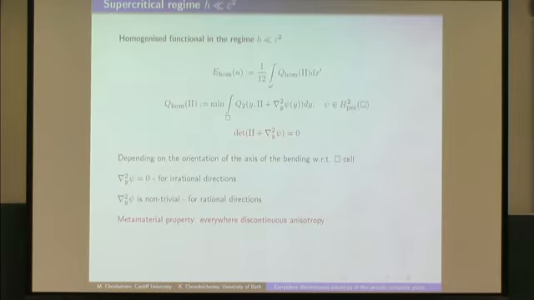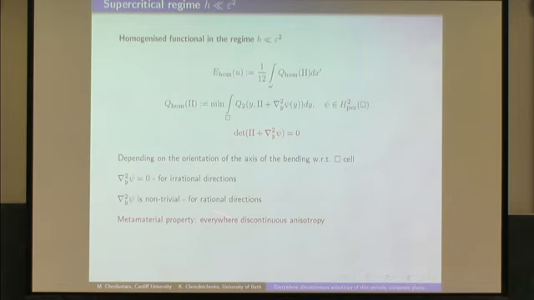Depending on the orientation of the axis of the bending with respect to the periodicity structure, we can have directions which are irrational or rational. If the direction is irrational, this constraint tells you that the function psi depends only on one variable, along the direction of the bending, and we cannot find any function different from a constant which is periodic on the cell.